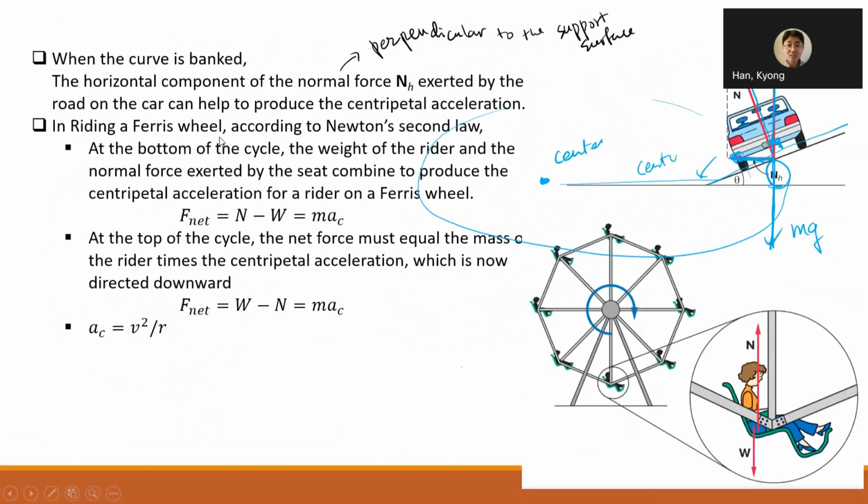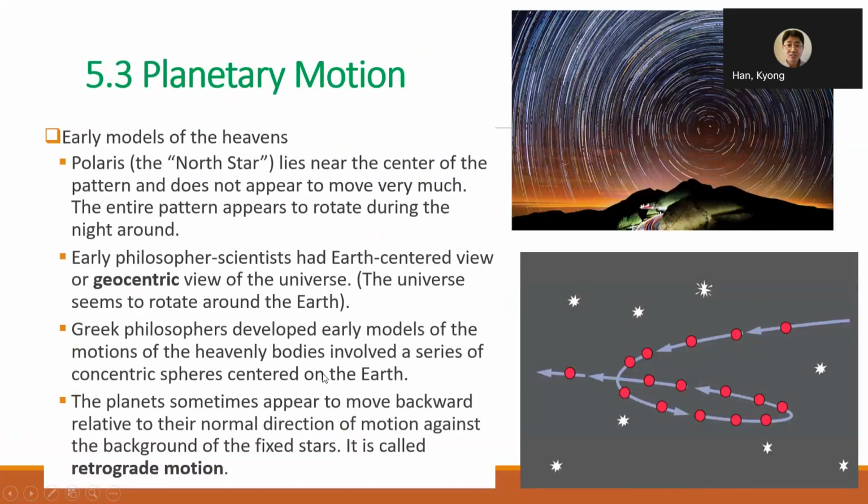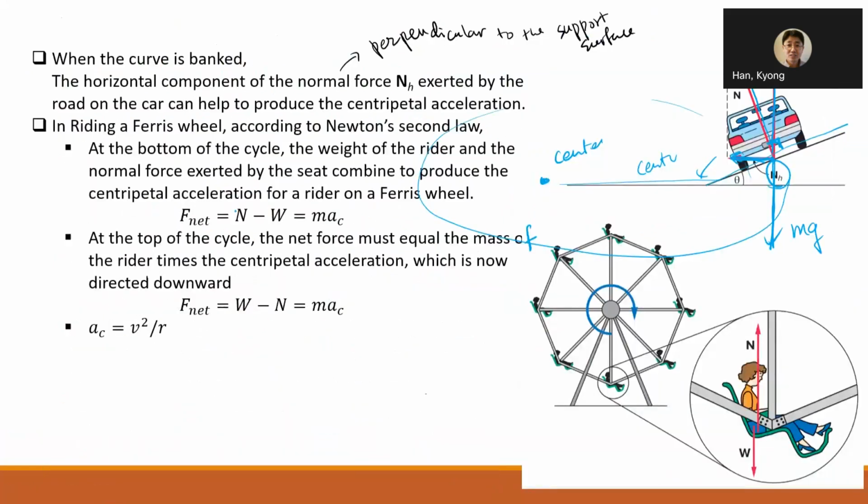Then you can see, writing PHYS here, according to Newton's second law, the normal force exerted by the seat combines to produce the centripetal acceleration for the rider on the wheel. At the top of the cycle, the net force must equal the mass of the rider times the centripetal acceleration, which is now directed downward, W minus N. So the normal force can be different.